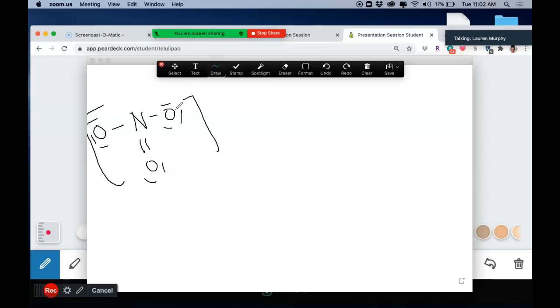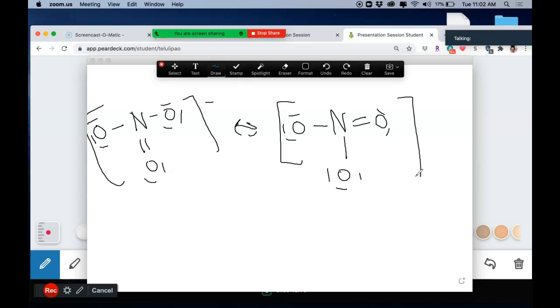Okay, that's one way, -1. And this arrow is saying I could have also put the double bond over here. There's no reason that I couldn't have. This is another way I could have drawn it. Or I could have put the double bond to the left.